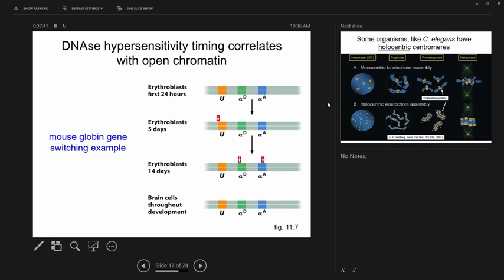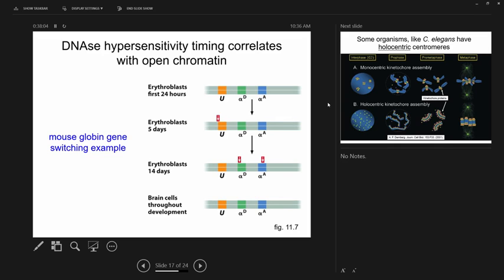At 5 days, the gene for the U form of globin has at its promoter region a DNase hypersensitivity site here. So that means that DNase is able to reach and cut the DNA here, but not at these two spots.